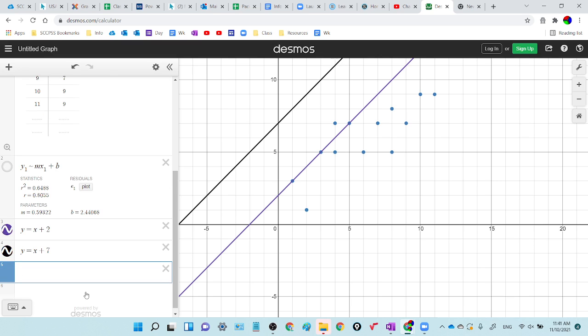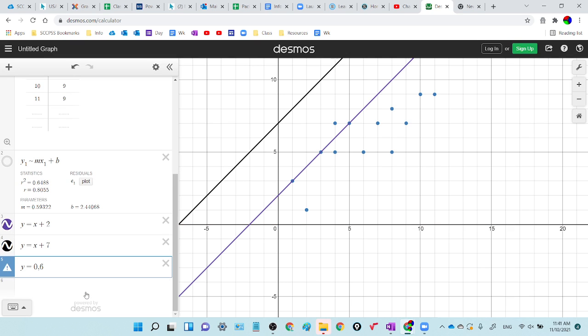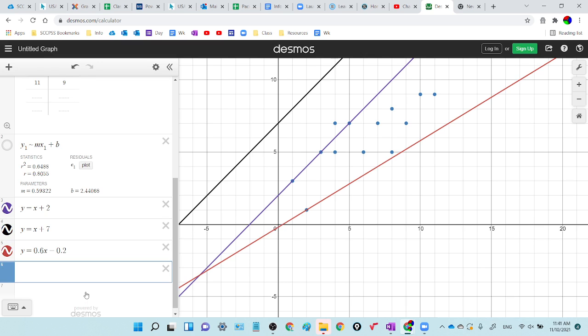All right, the third one, y equals 0.6x minus 0.2. Okay, oops, I put a comma there. Okay, 0.6x subtract 0.2, that's the red one, choice C, right?